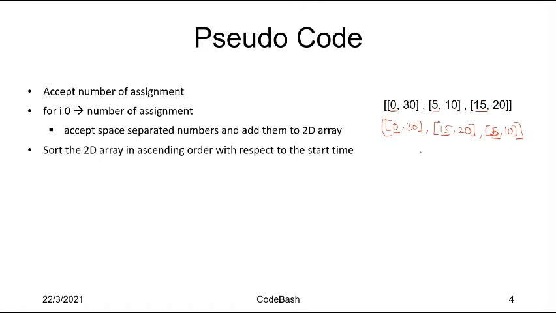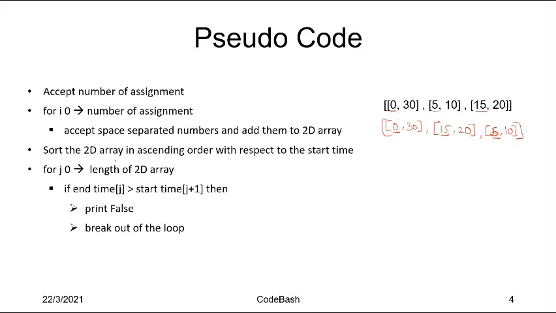And then the next step would be to run another loop j from 0 till the length of the 2D array. So here we can see that the length is 3 over here. Now in this for loop, what we do is we check if the end time, so I'll just change the color here so you all do not get confused.